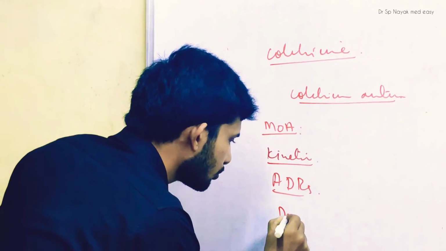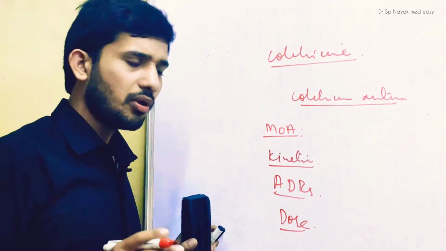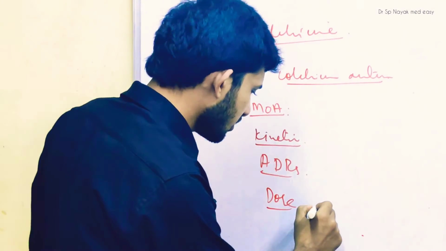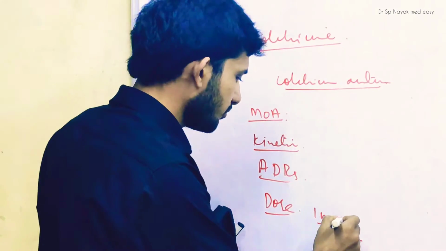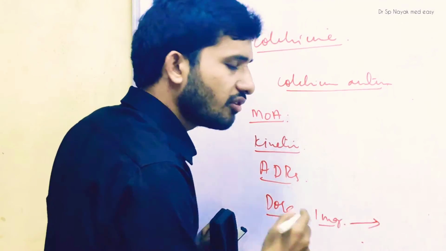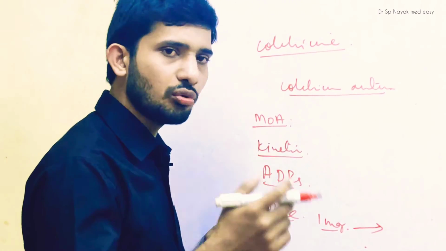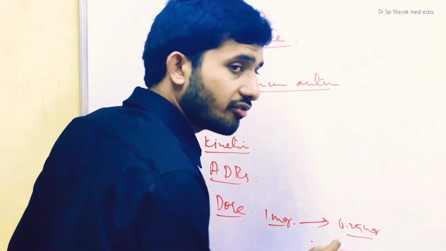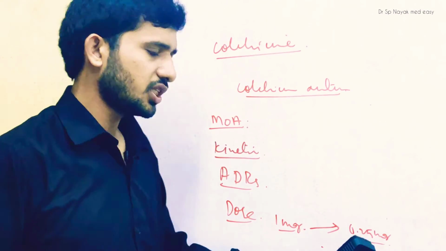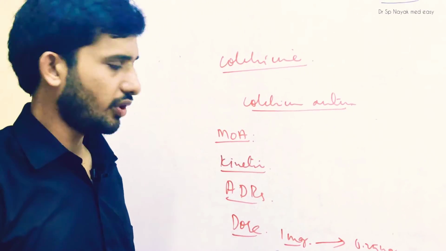And the dose. With colchicine, we first start with 1 mg. After giving 1 mg of colchicine, for every 2 hours we have to give 0.25 mg of colchicine, because its duration of action is very low when compared with others.